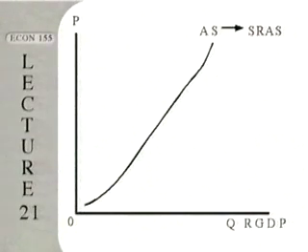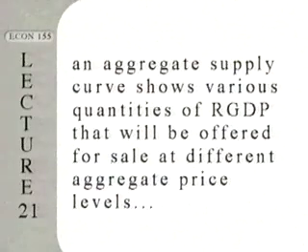The aggregate supply curve is a curve showing various quantities of real GDP, that is to say newly produced goods and services, that will be offered for sale at different aggregate price levels.